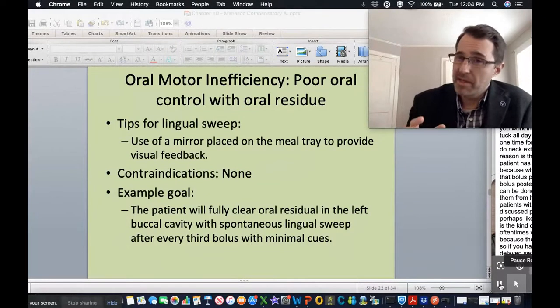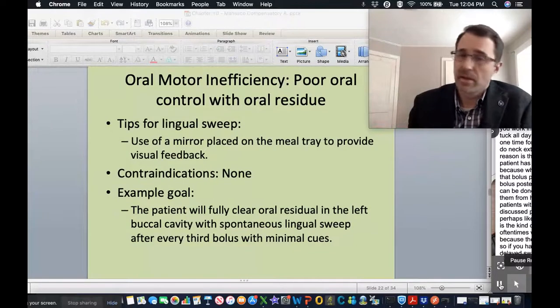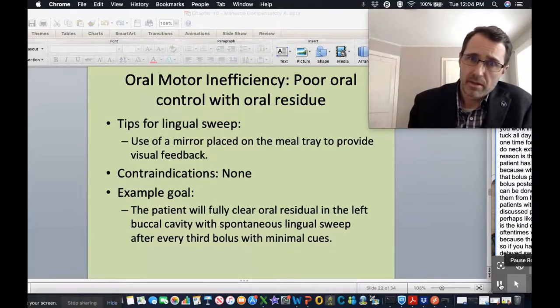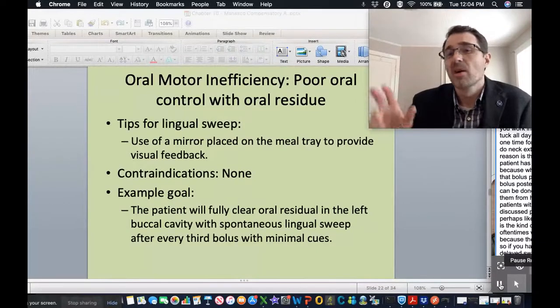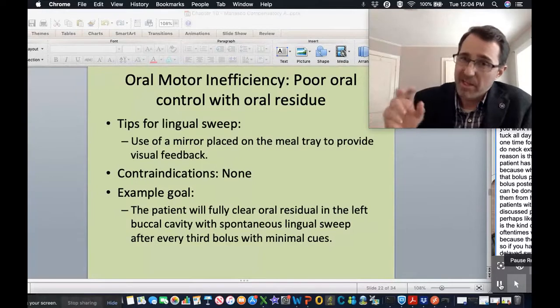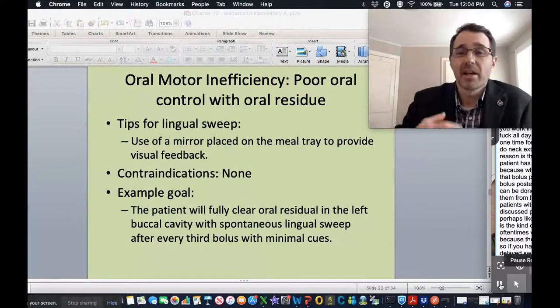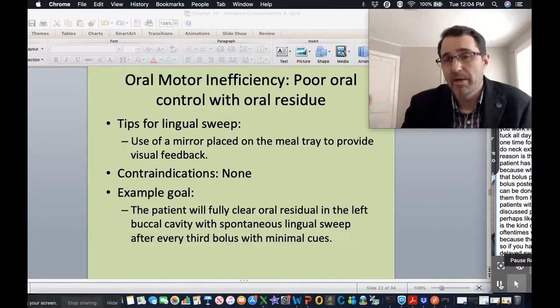So if the patient isn't able to do a finger sweep, then the speech therapist or the CNA or the caregiver, whoever is there, will be doing the finger sweep. If the patient is able to do the finger sweep, then that's a step even better. If they're able to do lingual sweep, then that is even better.